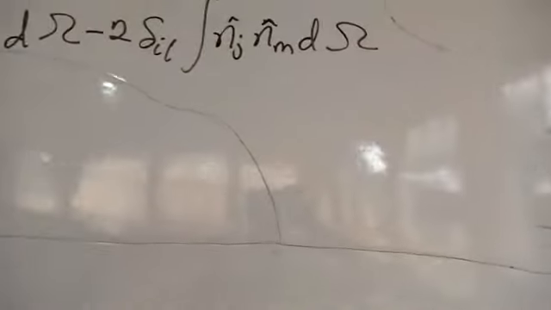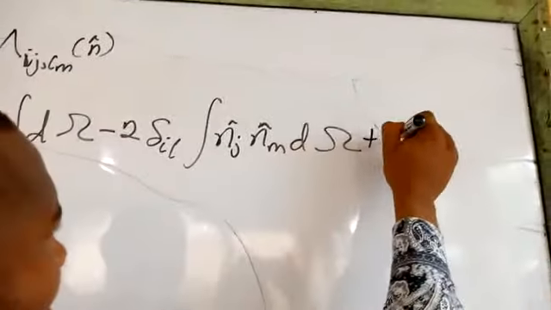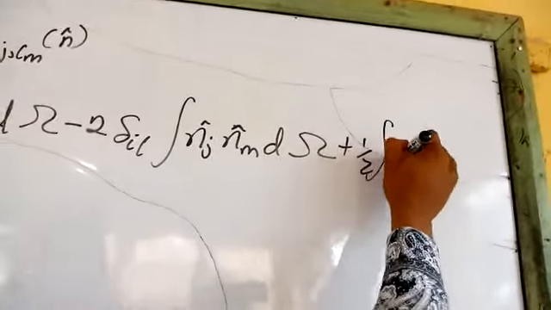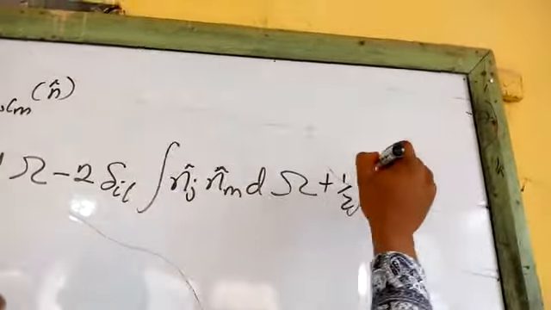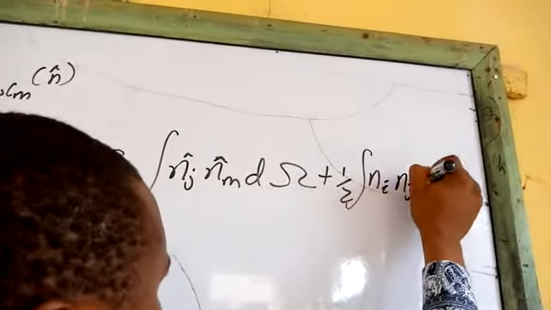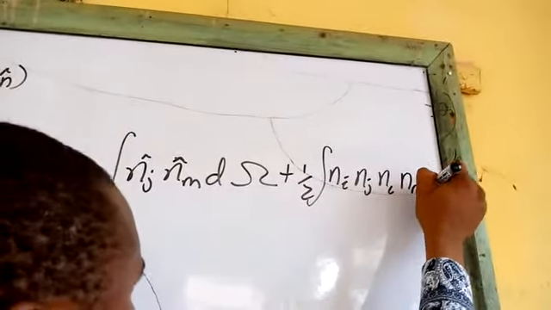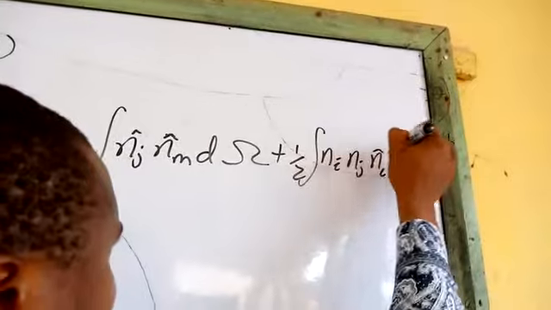Now the next term will be plus half the integral of all 4 objects n_i, n_j, n_ι, n_m, dΩ, sorry about that.